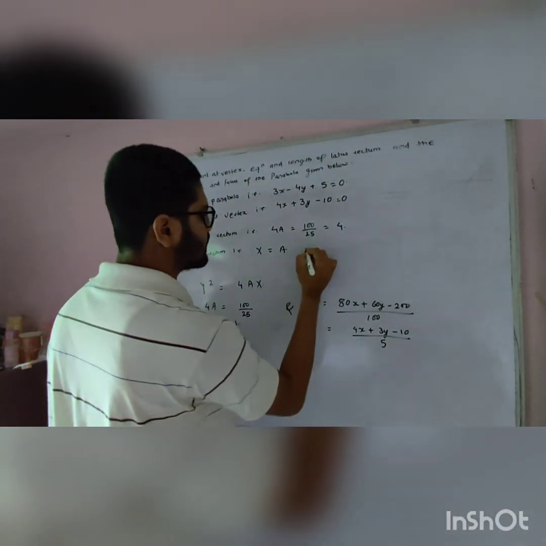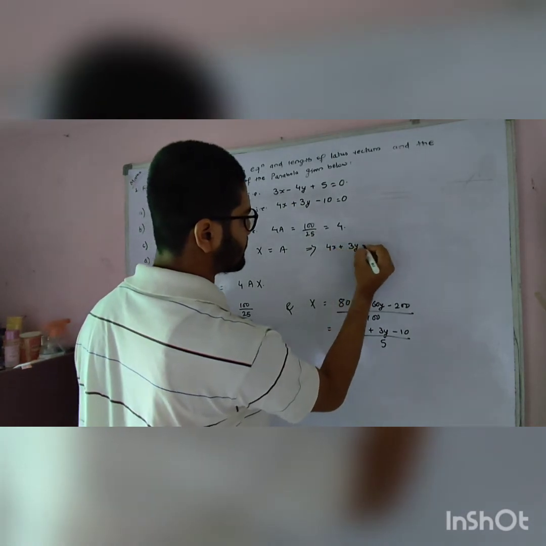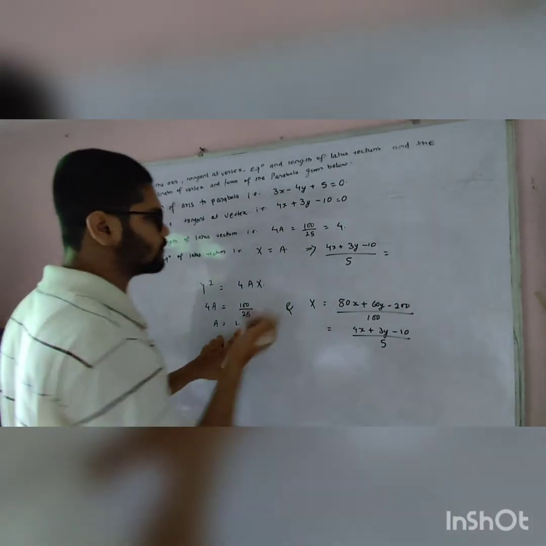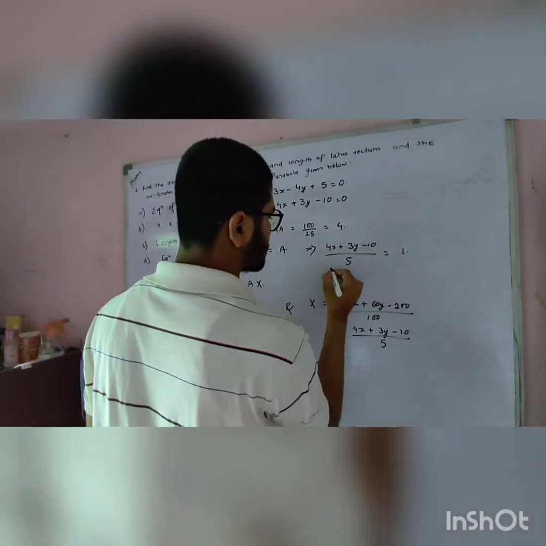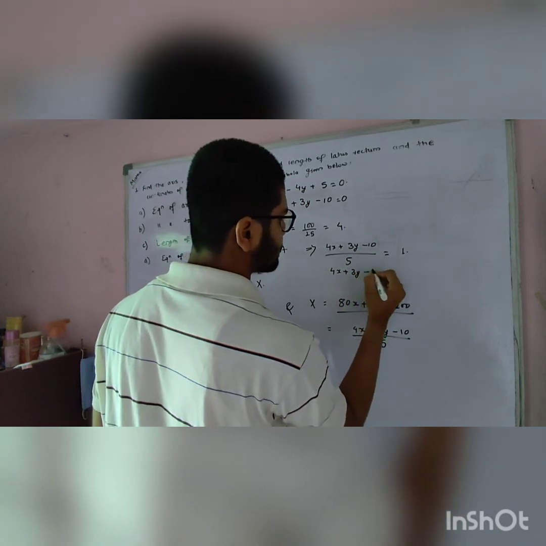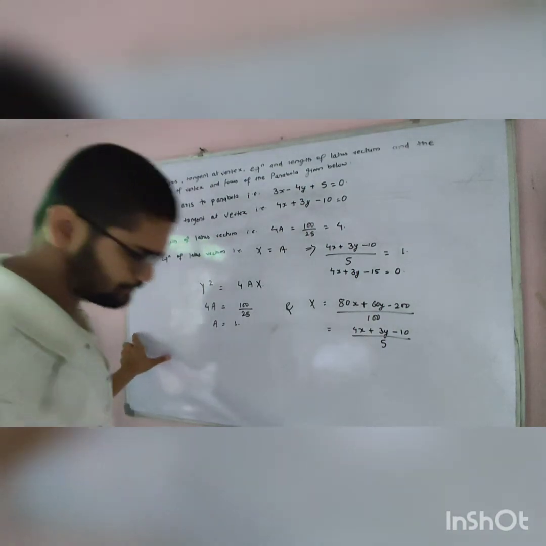Here I am writing (4x plus 3y minus 10) by 5 equals the value of a, which is 1, as we found earlier. So 4x plus 3y minus 15 equals 0. This is the equation of our latus rectum.